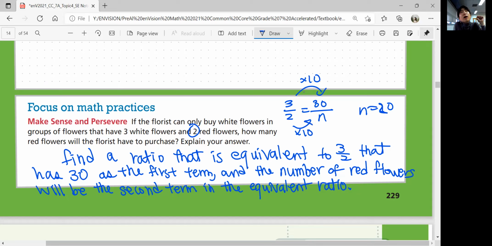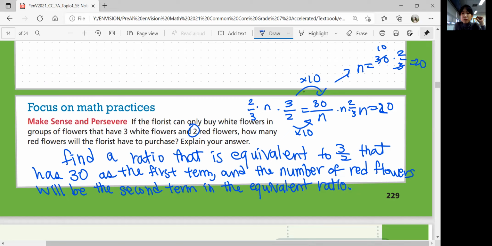But the steps for that would be times n, and then times your reciprocal 2/3. So n is equal to 30 times 2/3, which is 20.